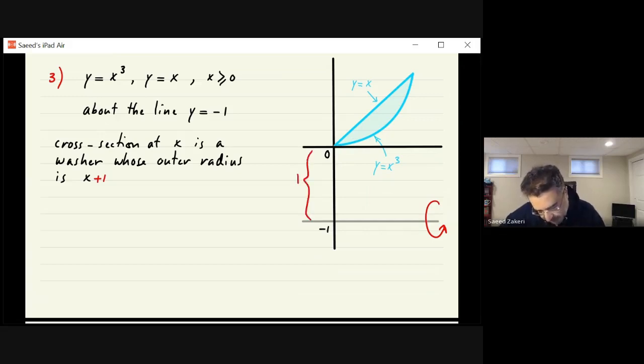It's this extra length, and inner radius is x cubed plus 1.